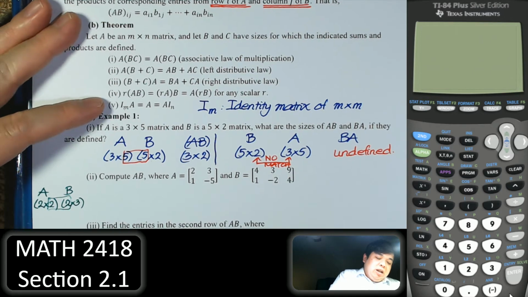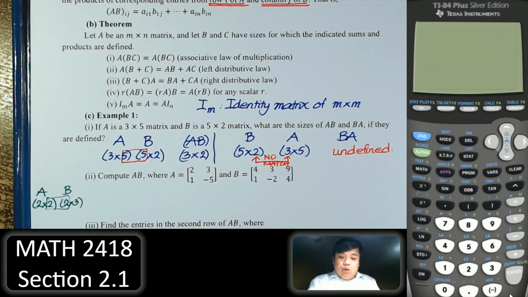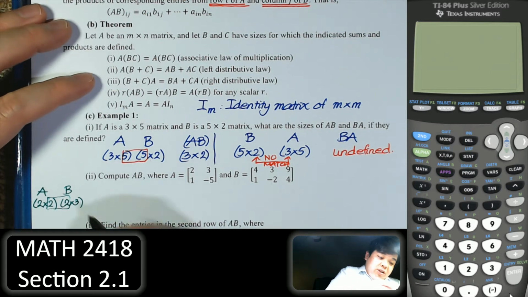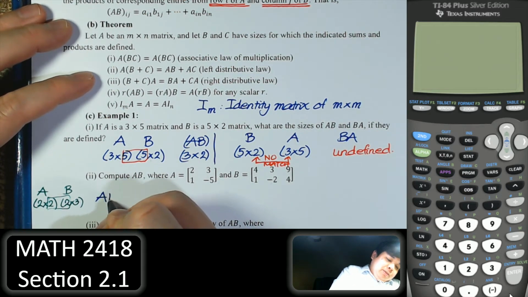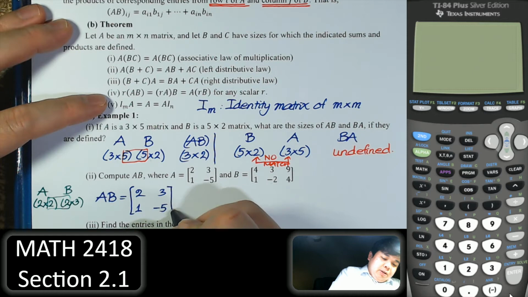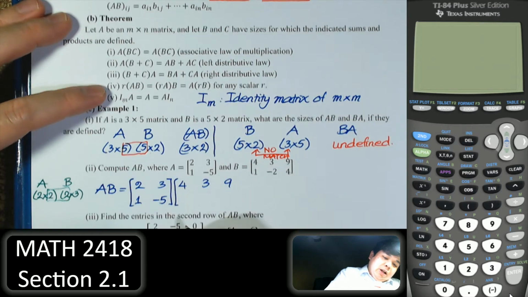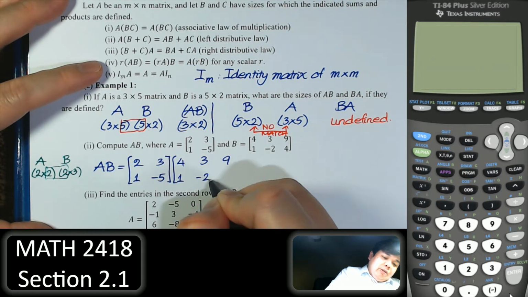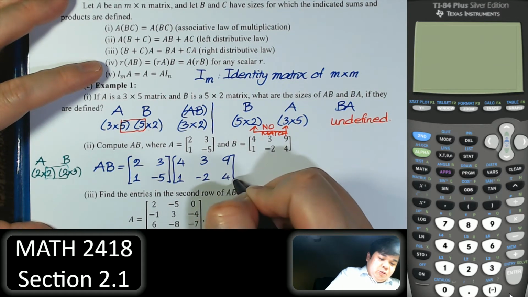The outside is going to be 2 by 3. So A times B is going to be 2 by 3. Right, so let's write it out. 2 and 3, 1 and negative 5, 4, 3, 9, 1, negative 4, 2 and 4.